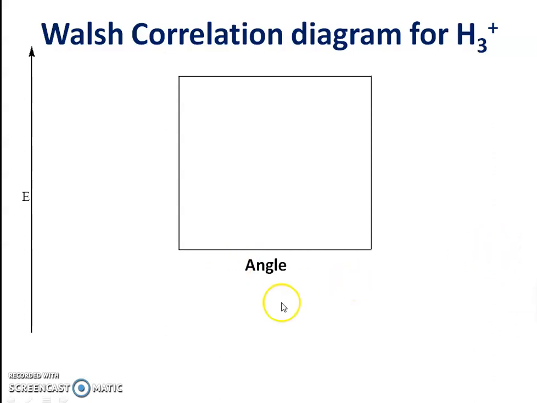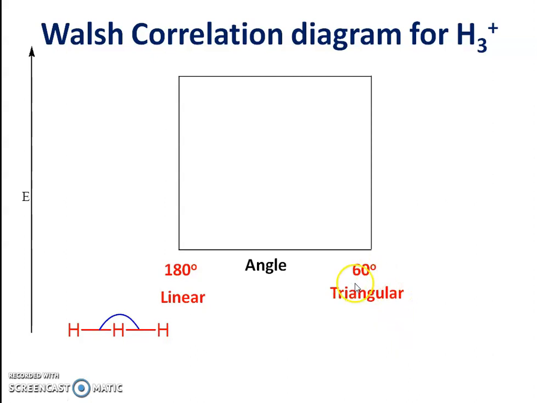So with a 180 degree angle the molecule becomes linear, and with a 60 degree angle the molecule becomes triangular. Now we are going to consider the energy of each molecular orbital with a specific geometry. First of all, consider the linear geometry.